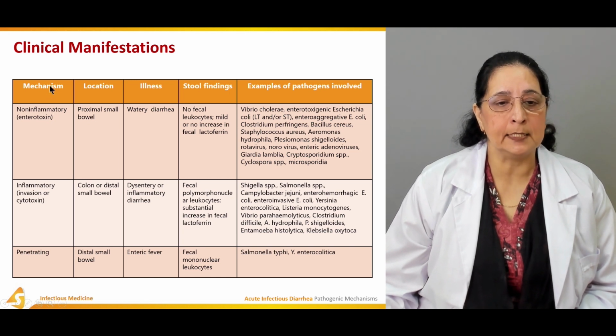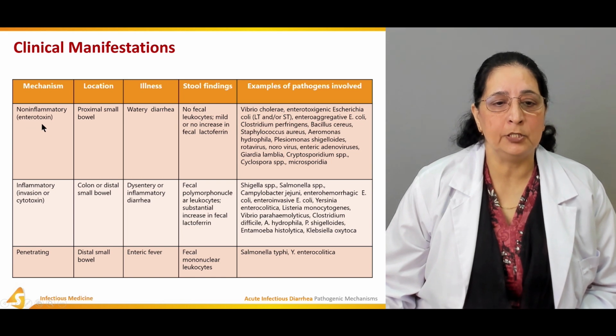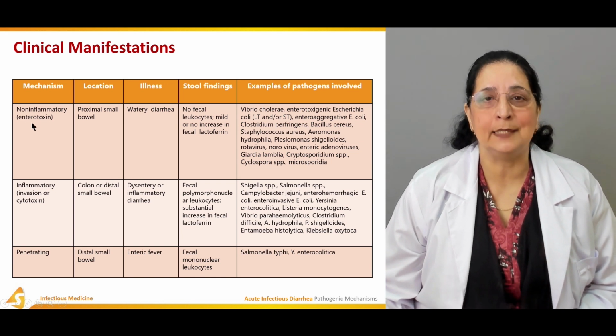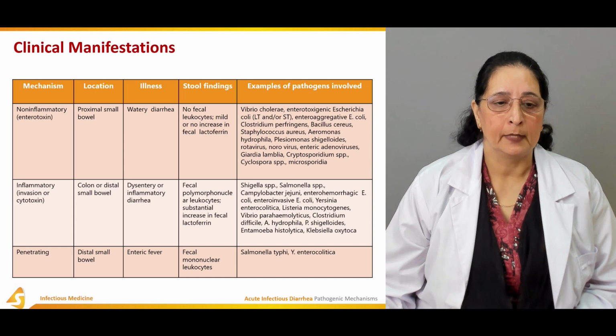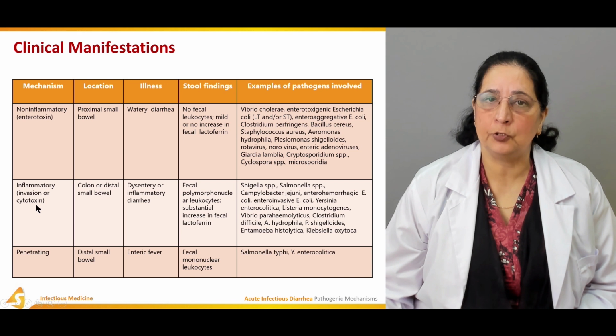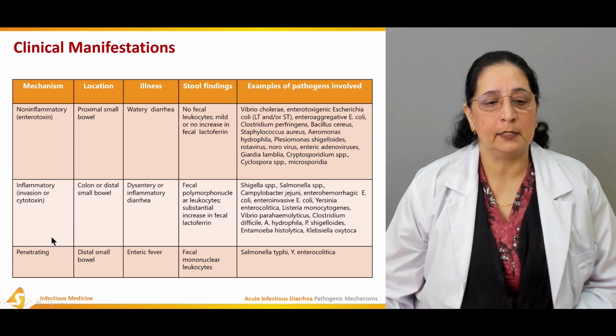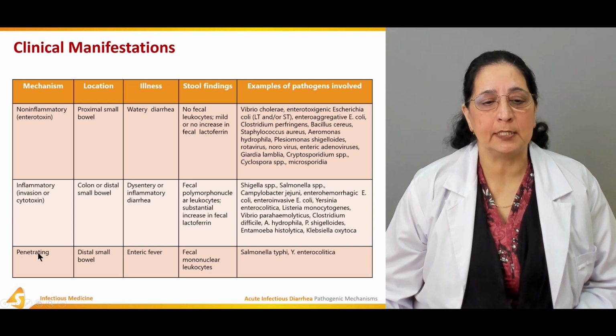We have a mechanism that can be non-inflammatory, and this is due to enterotoxin that is produced. Then we have the inflammatory type, which is due to cytotoxin and invasion. And then we have the third, which is the penetrating type.